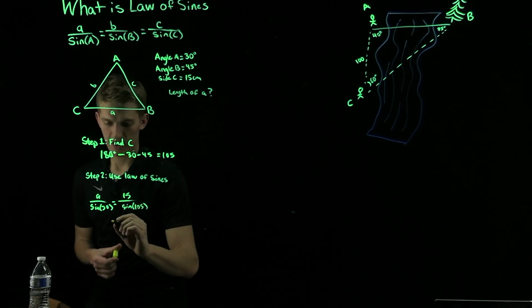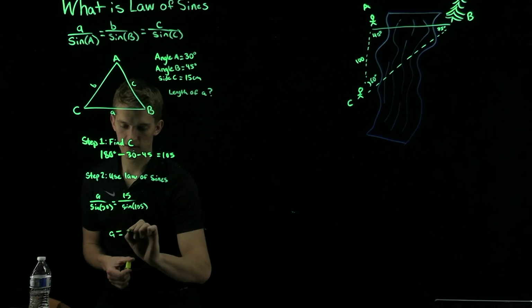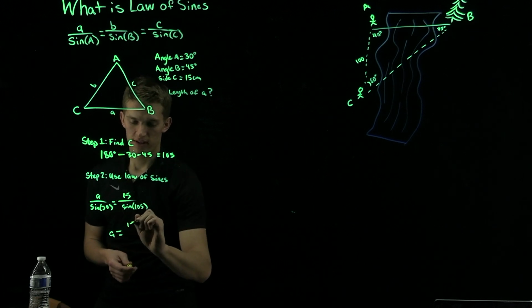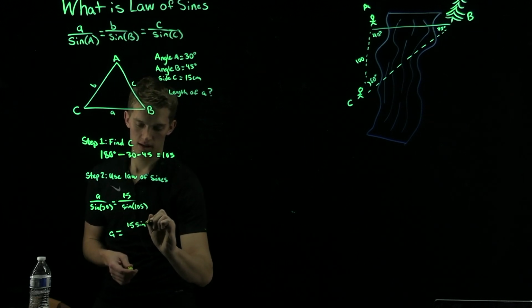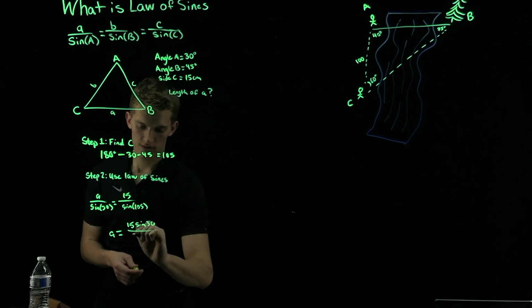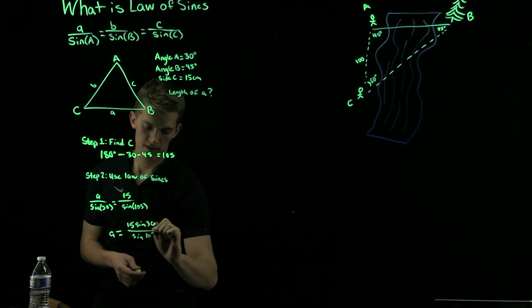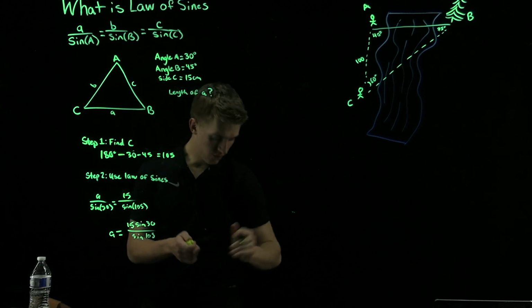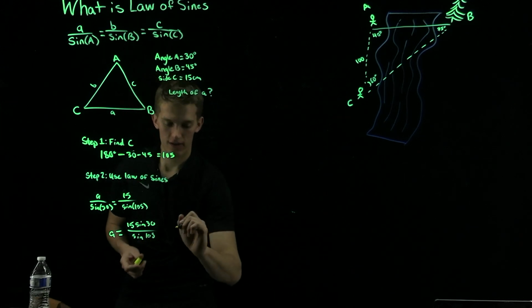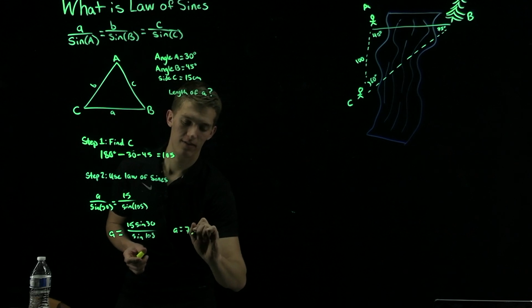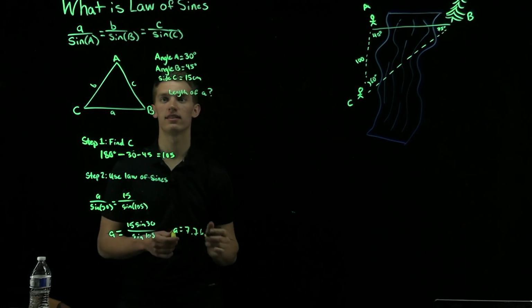And we can rewrite that as A equals 15 sine 30 over sine 105. And what you'll come out to as you plug that into your calculator is A equals 7.76.